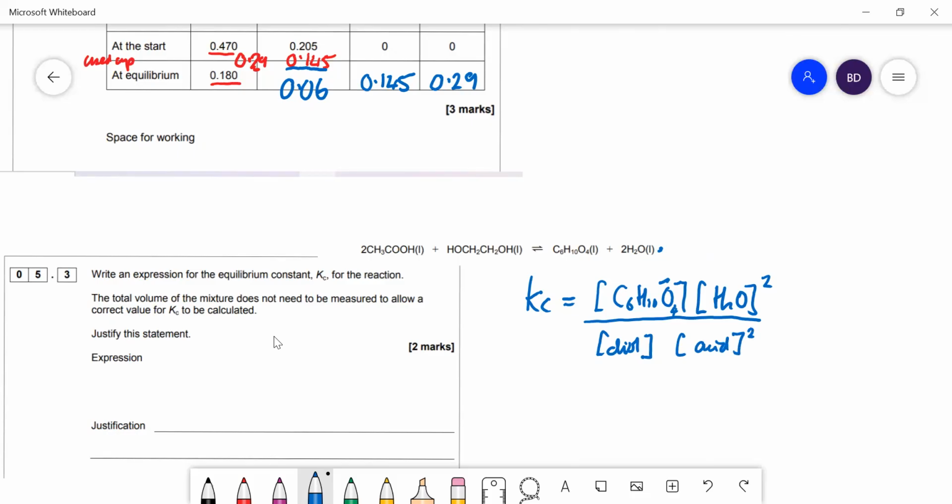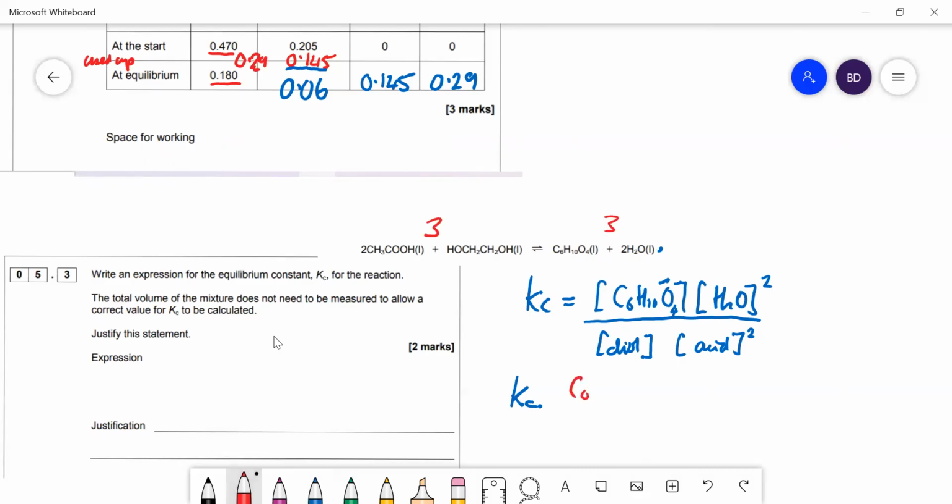Now why don't we need to know the volume? Well, it's because you've got the same number of moles on both sides of the equation, so you'll get the marks, but I'll just explain why. You've got 3 moles on this side and 3 moles on that side. So Kc is also going to be equal to, instead of the concentration of that, I'm going to put the moles, so I'll do it in red.